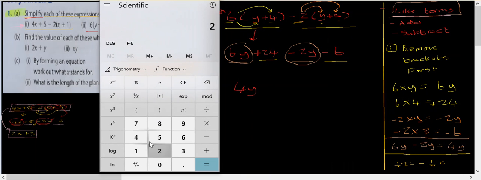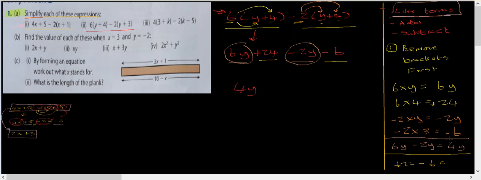So you have 24 minus 6, that's going to be equal to 18.